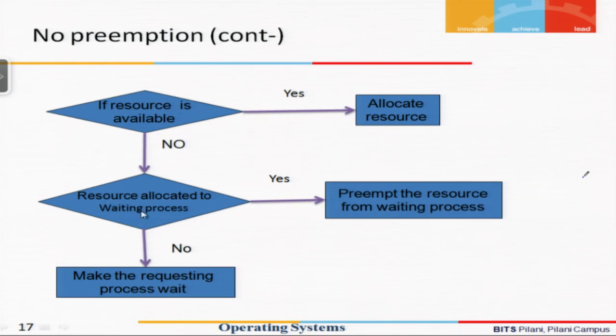As a consequence, the requesting process should be made to wait. That is, it can be suspended and go into a blocked state. So this is a preemption strategy one can adopt, but we know that certain resources cannot be preempted, so this approach also cannot be utilized.